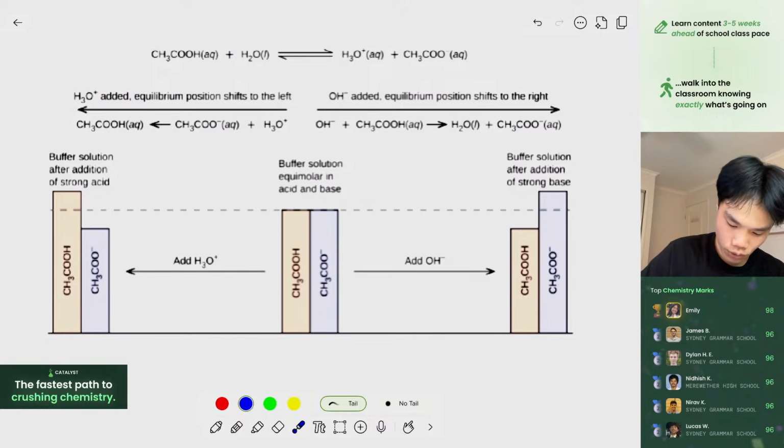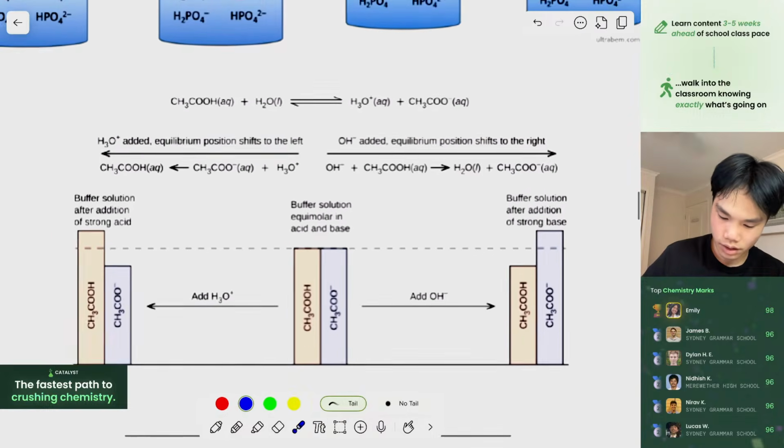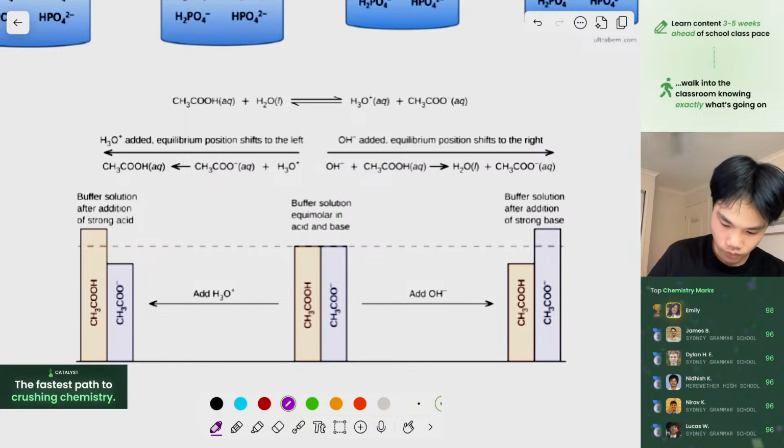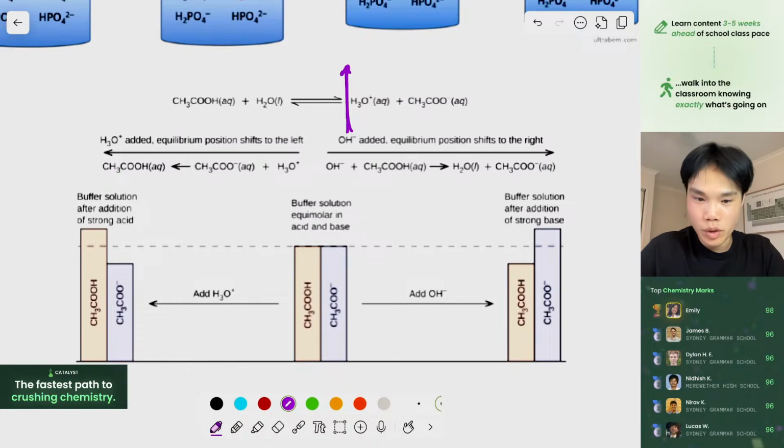If you add hydronium in, the added hydronium is the change to the system which your equilibrium will shift to resist in accordance with LCP, Le Chatelier's principle, which states that any disturbance of the system will be partially counteracted.